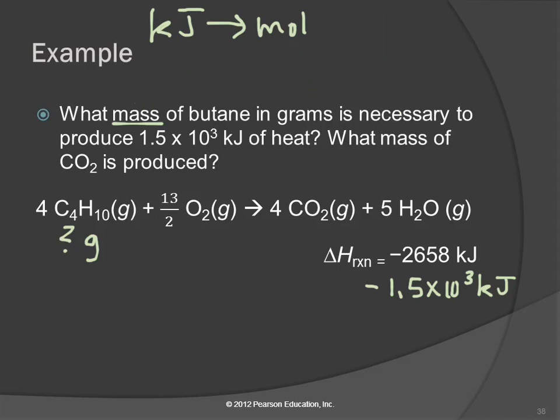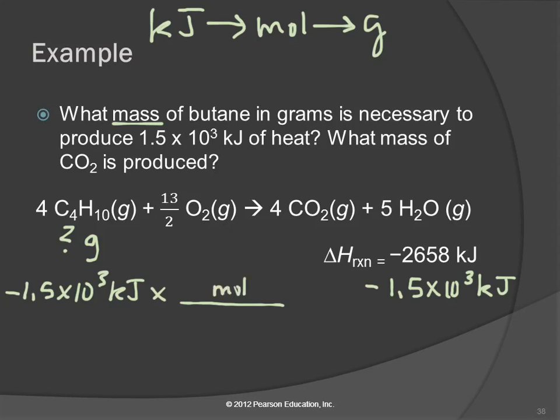Oop, didn't mean to do that. There we go. So we're starting with the amount of energy, minus 1.5 times 10 to the third kilojoules. We want to convert that to moles. Since it's asking us about the mass of butane, we want to convert to moles of butane.